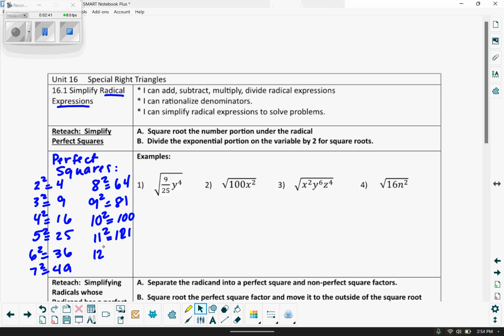And 12 squared is 144. Now beyond that, if you go to the 13, the 14, you know the 169 and the 196. However, those are our main ones.